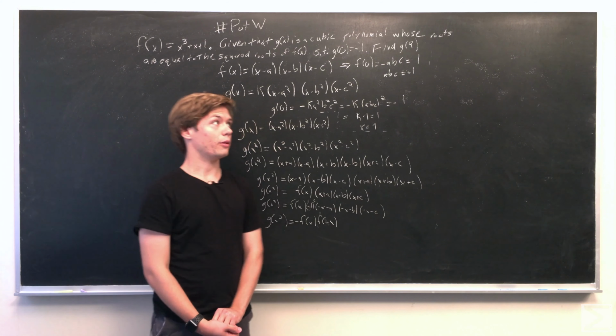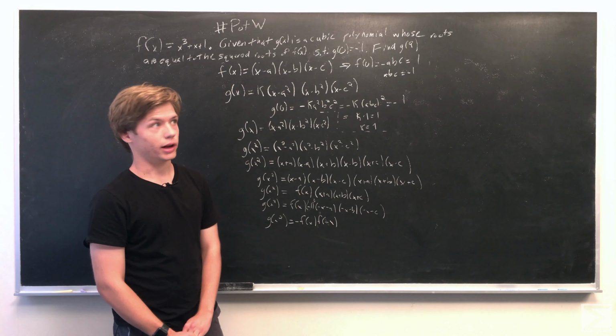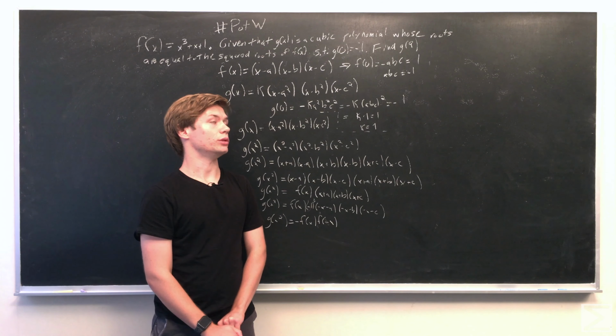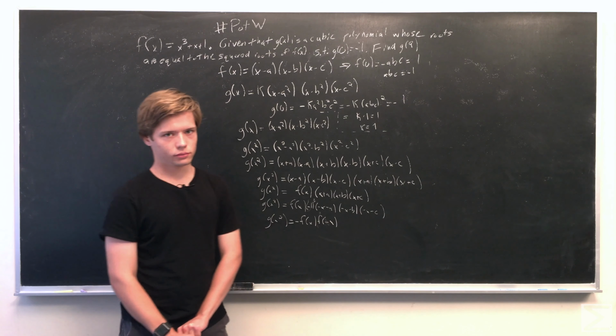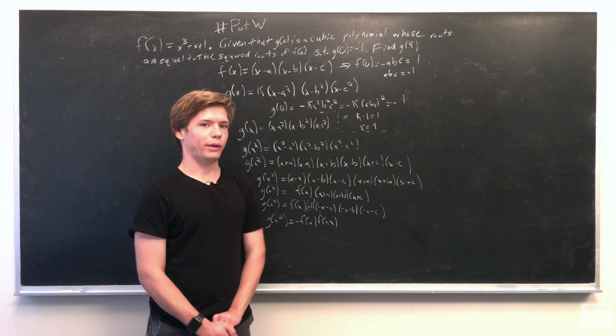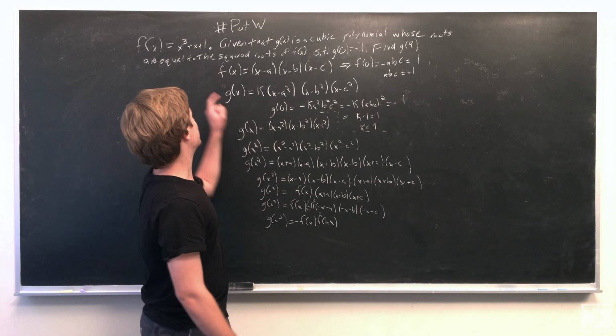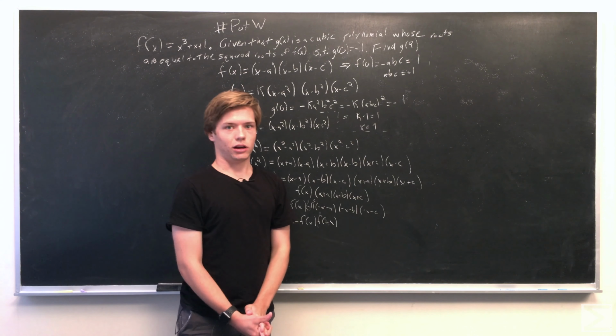And so now we know we have to solve for g of 9, but we know that 9 is equal to 3 squared. So now all we have to do is plug in 3 and -3 into f of x and solve.